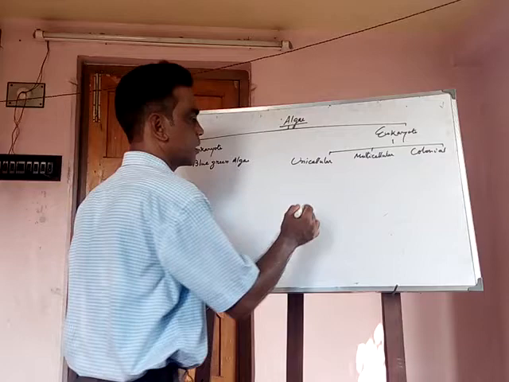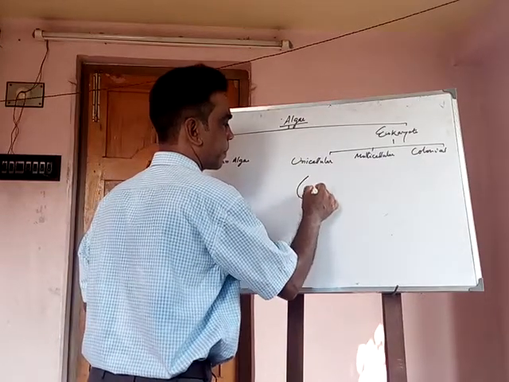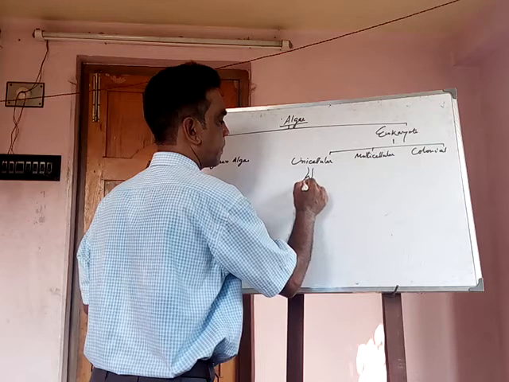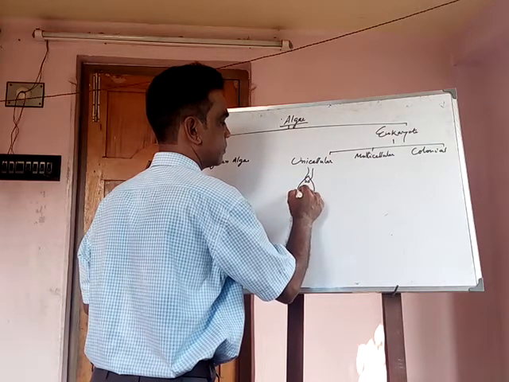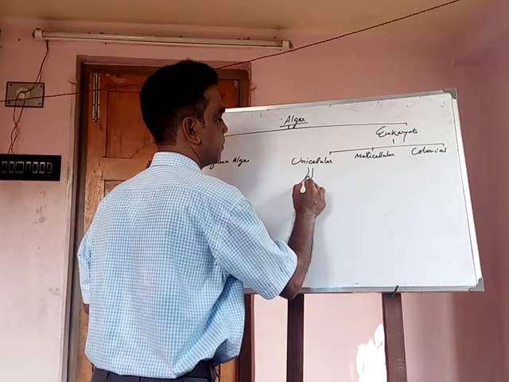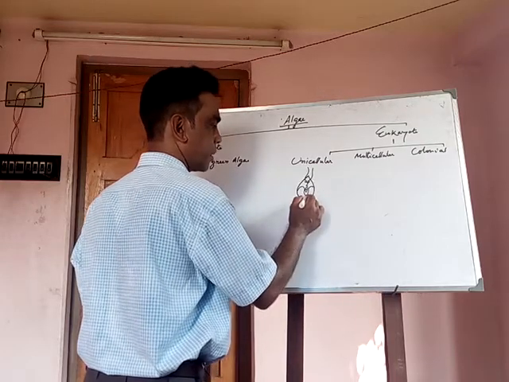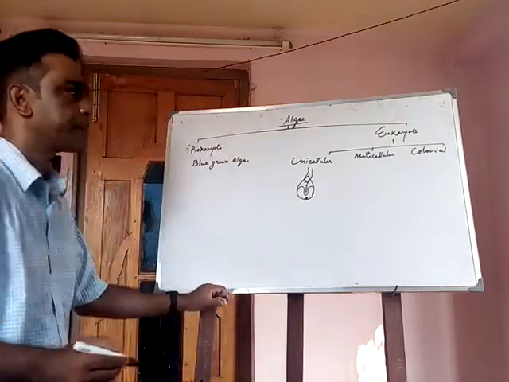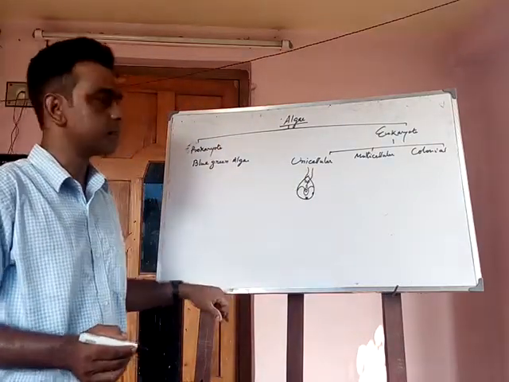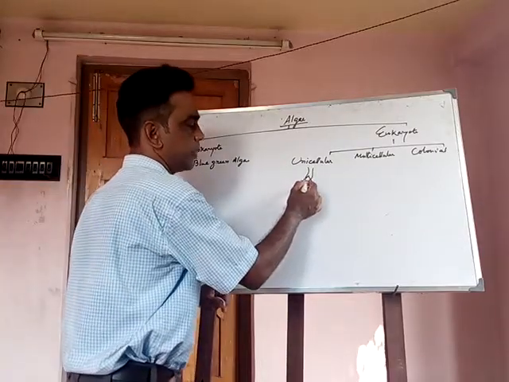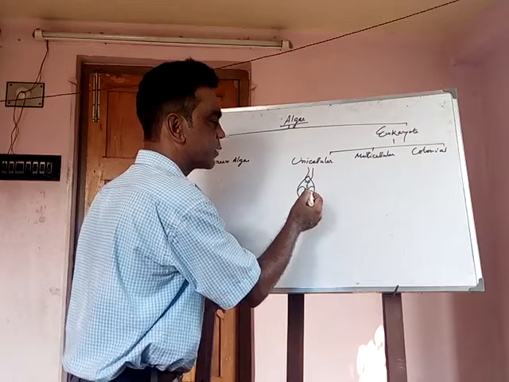Unicellular, that is Chlamydomonas. Here the flagella are present, and at the base where the flagella originate, the blepharoplast is present.